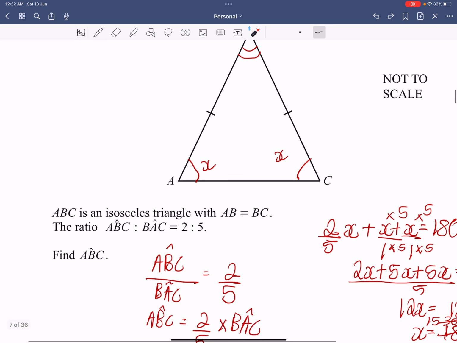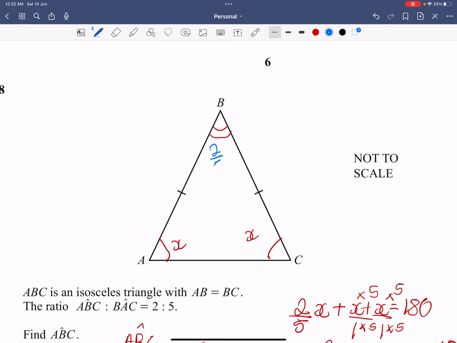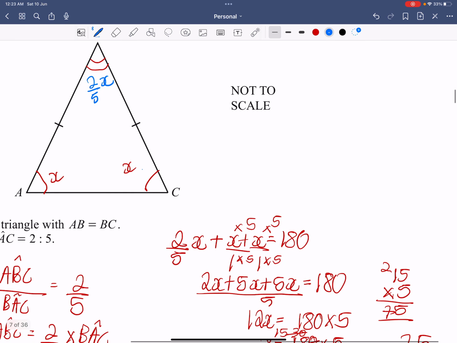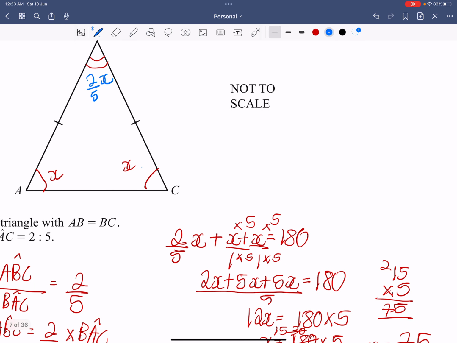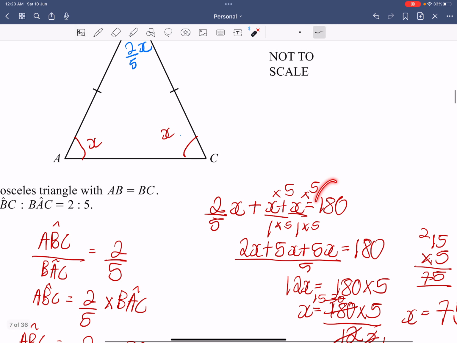So now since ABC is 2 upon 5x, and this is x and this is x, and we know that the sum of angles in a triangle is 180, we can just add 2 upon 5x plus x and equate it to 180.